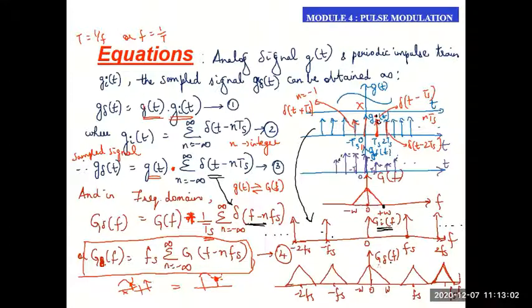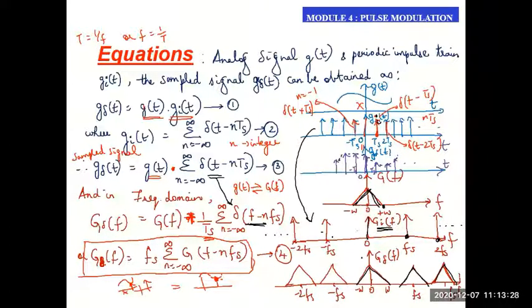Now, in the end, what will G delta of F be? We said it is G of F, existing wherever the impulse exists. So there is an impulse here, I should have a G of F here. There is an impulse at Fs, another G of F here. There is an impulse at 2Fs, another G of F here, likewise.